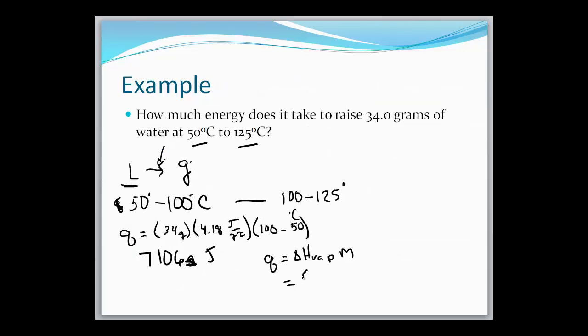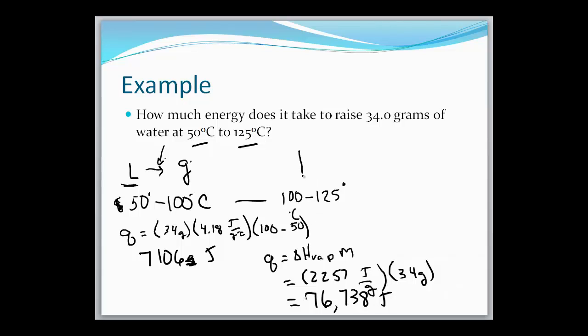We'll put that in, 2,257 joules per gram times our mass, 34 grams. Do the math. 2257 times 34 is 76,738 joules.